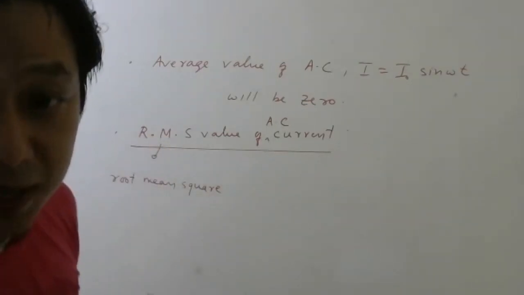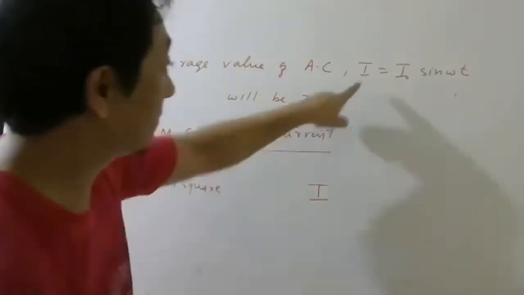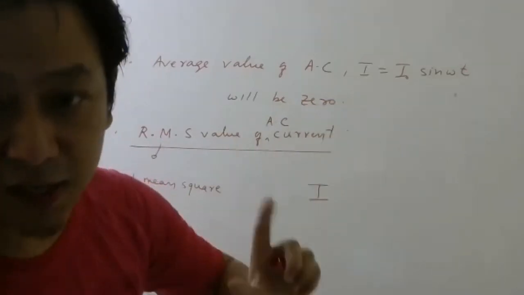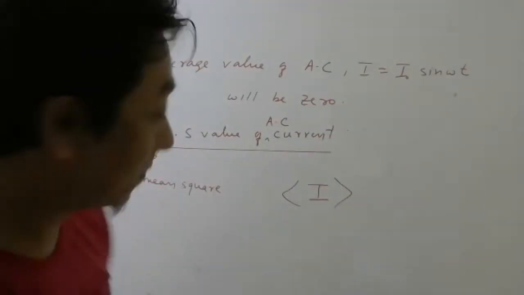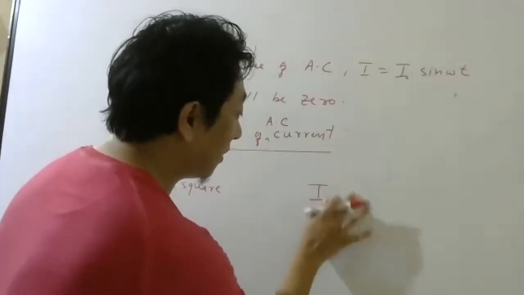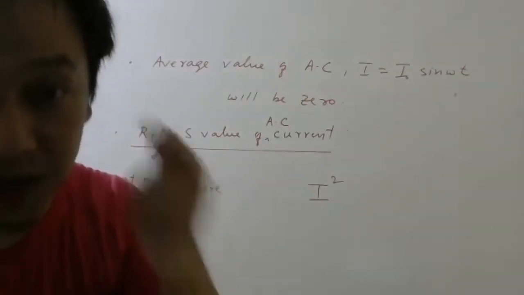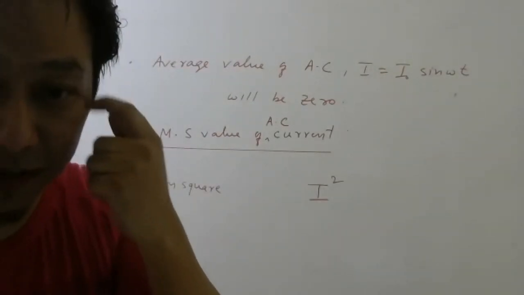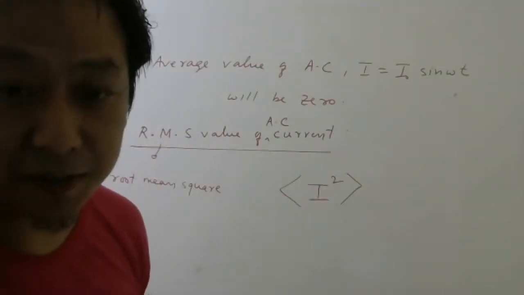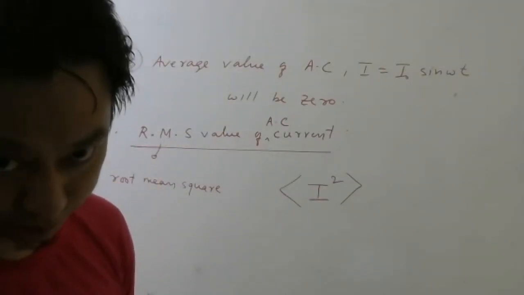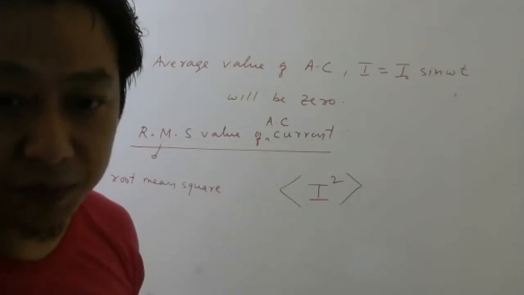Now, look here. What is the meaning of this RMS current? Let us understand quickly. You take this instantaneous AC current. Don't take the average, because the average of this will be zero. First, you square it. Then you take the average. Now, will it be zero, students? Now it will not be zero.